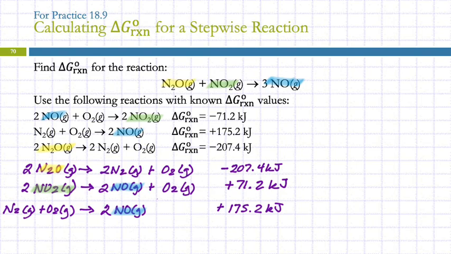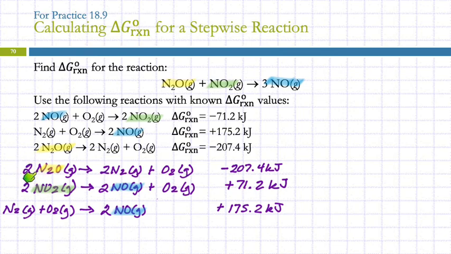so we got all of the reactants and products on the correct sides. But we're going to have to do some multiplying or dividing because they're not adding up right. If I add these three equations together, I'm going to end up with 4 NOs and I only want 3, right?